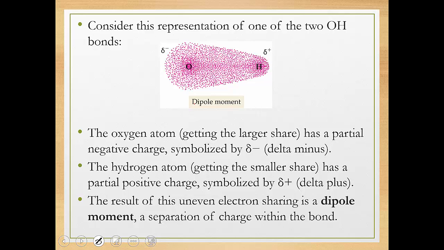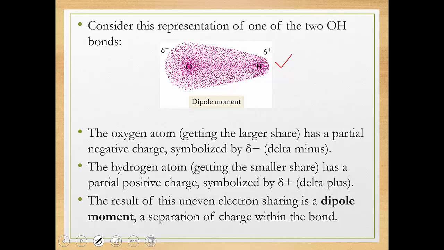So what happens is, if we can represent the density of the electrons, remember we talked about orbitals, and we talked about representing shapes of orbitals and the electron densities. So if I could draw the probability of an electron being anywhere around one of those two atoms in a bond, this is what it would look like.